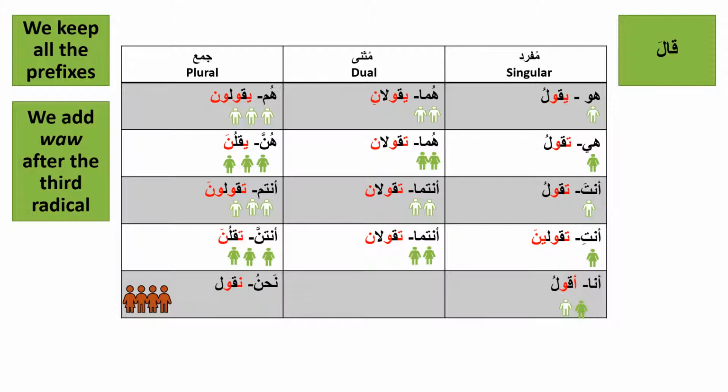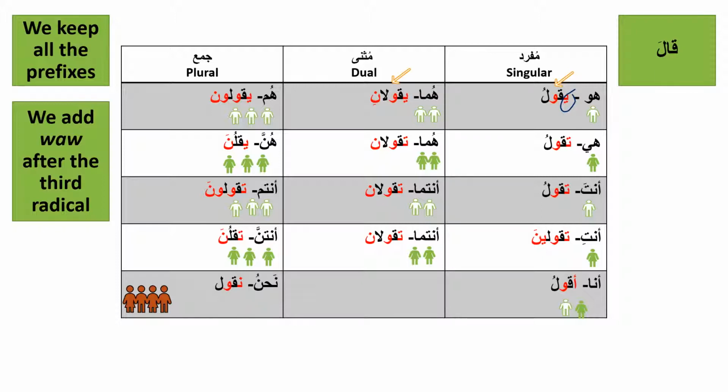Again, I keep assuring you, you have to go over the present tense and past tense conjugation or the previous videos in order for you to digest this subject. Let's get started with this one. As we said, we add واو, third radical, and we keep the same prefix. هو يقول.